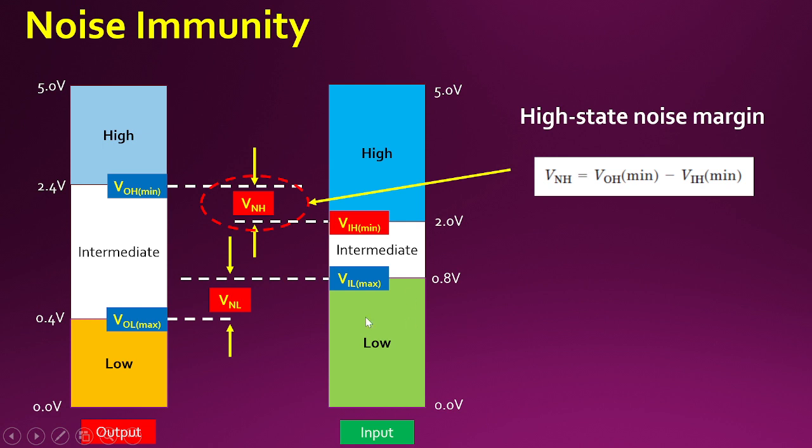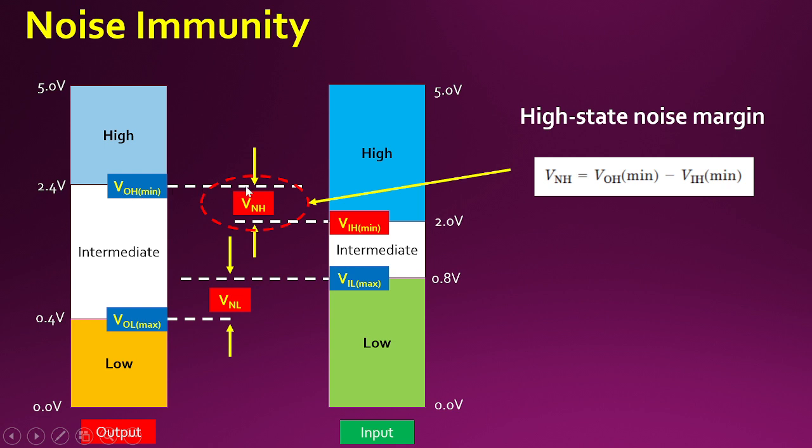In this case, just have a look at the high voltage range. The output voltage profile is valid from 5 to 2.4, and the input voltage profile is valid from 5 to 2. Between these two, 2.4 and 2, you can see this is the worst case voltage, which we have called VIH, and this is the worst case voltage when the output is at its minimum during the high state logic.